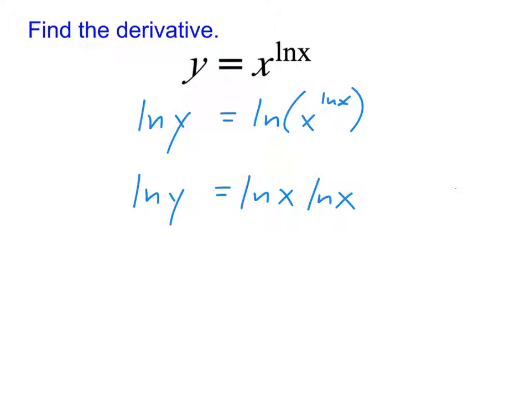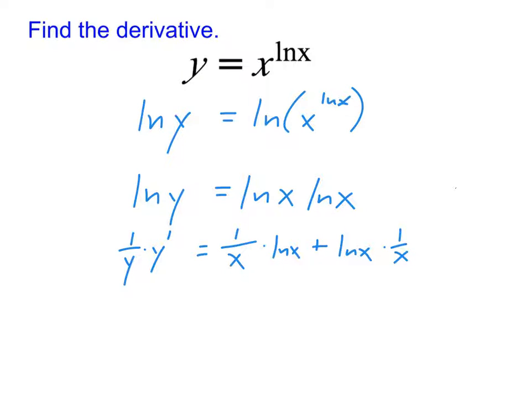So then, derivative of both sides now. That's going to give me 1 over y times y prime equals, actually I'm skipping a step there, I don't want to do that, 1 over x times the natural log of x plus natural log of x times 1 over x.